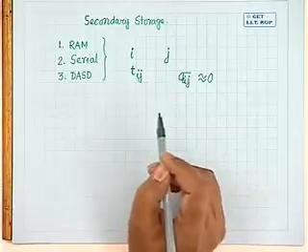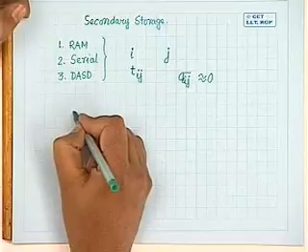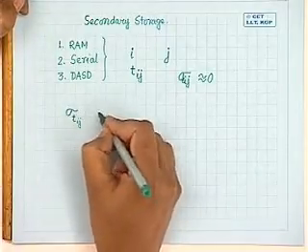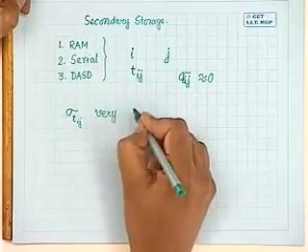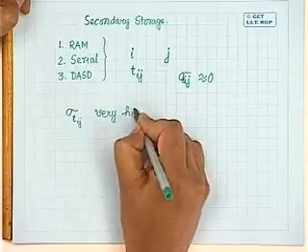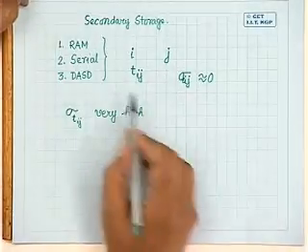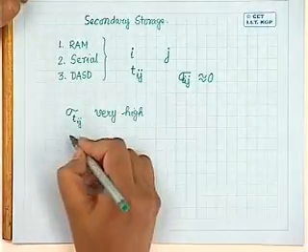When you come to a serial storage device, this variance sigma Tij is very high. A typical example of this serial storage device is the magnetic tape.